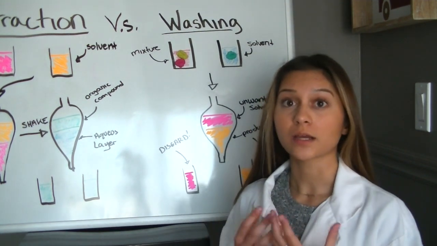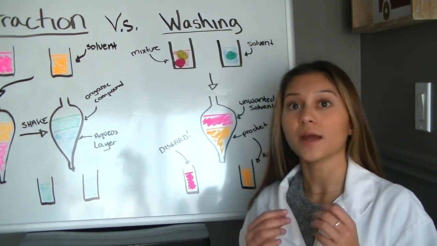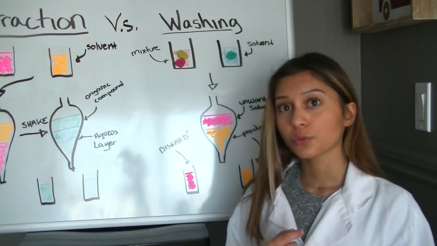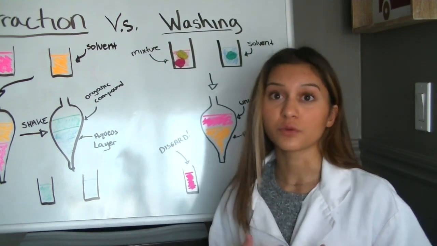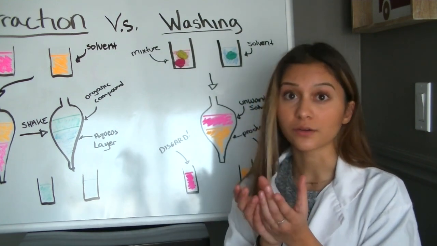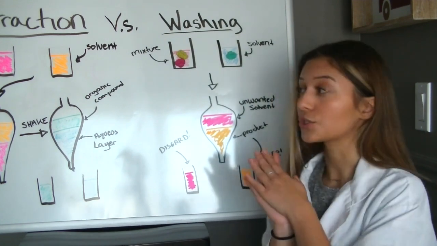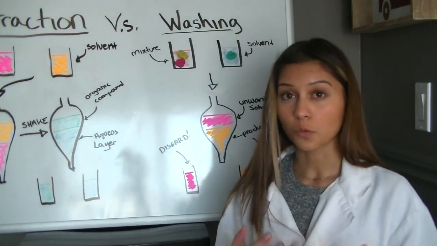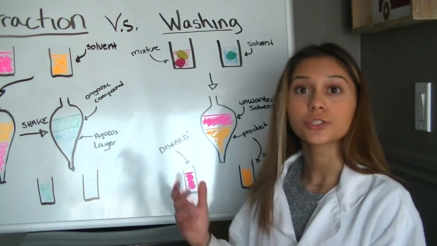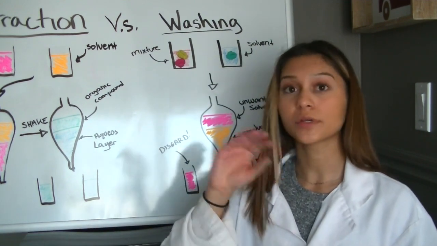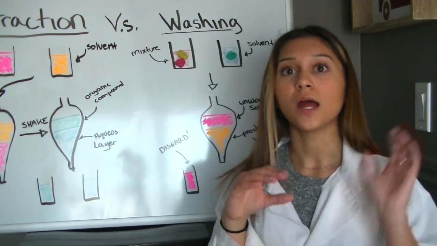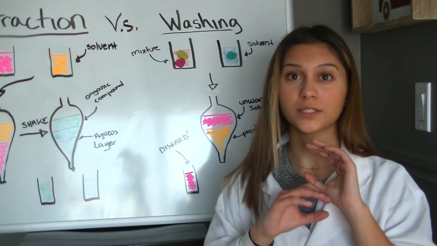Washing cleans our desired product from any impurities. Washing will be the process of selectively removing any unwanted materials or impurities within our mixture. This means that after washing, our solution should contain a layer of impurities that we do not want and then our product that we are wanting.